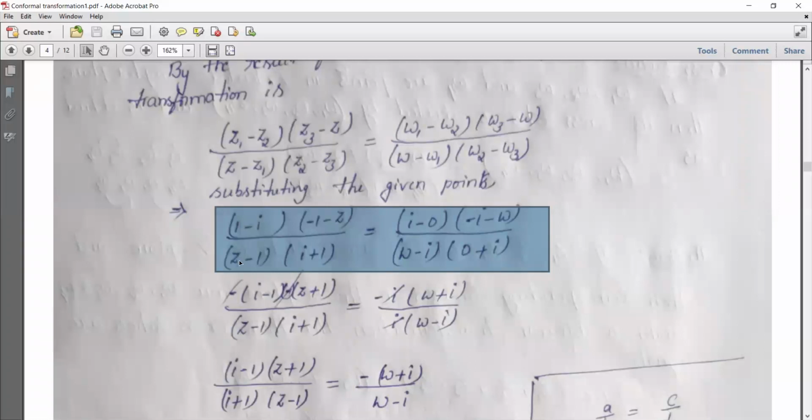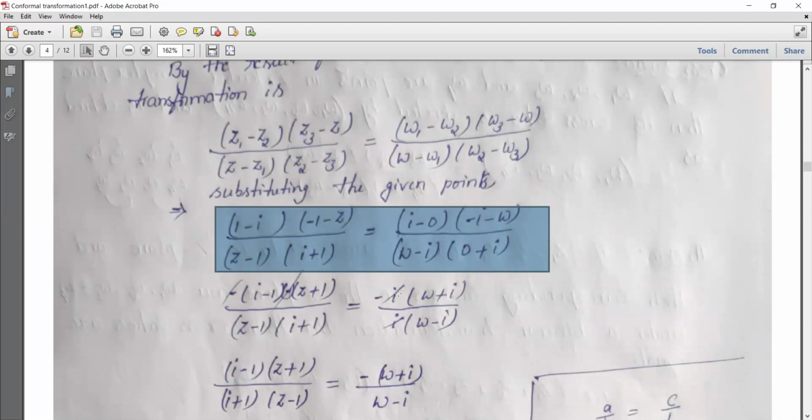Next, in the denominator of LHS, (z minus 1) into (I plus 1). Is it clear? That is equal to RHS, I into (minus I minus w). In that one, I took minus common. It will be minus I into (w plus I) by I into (w minus I).